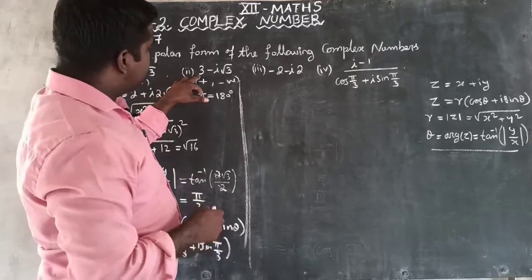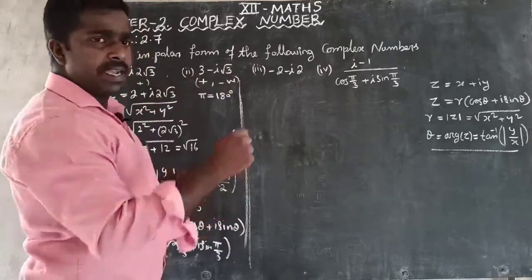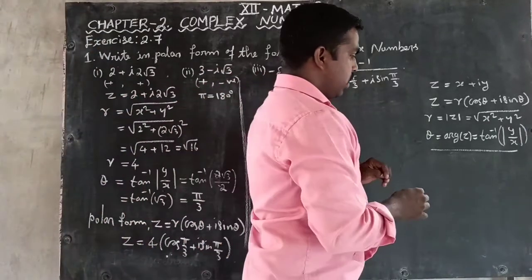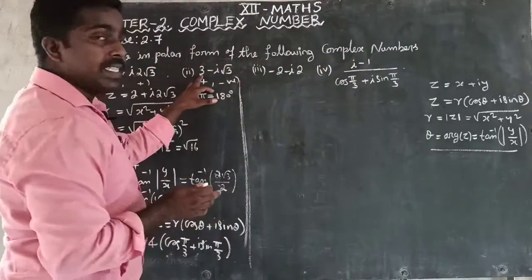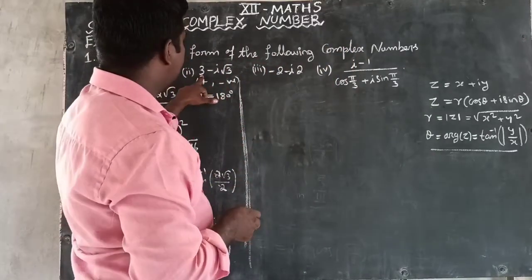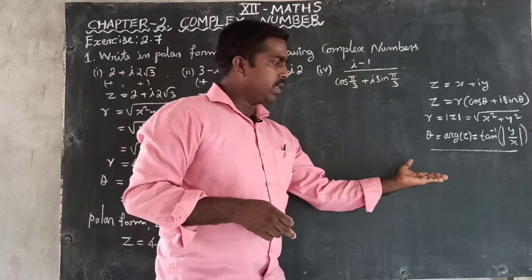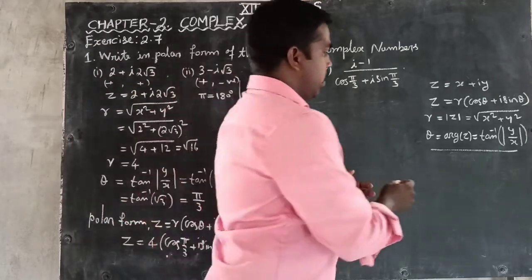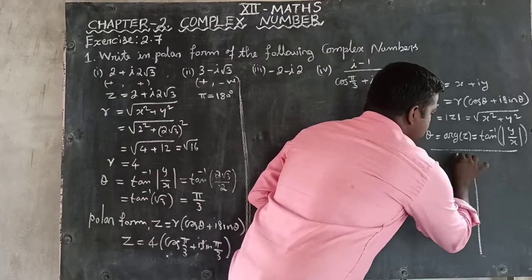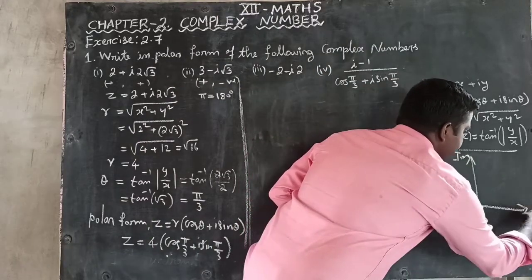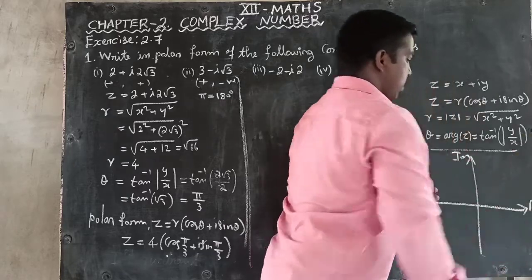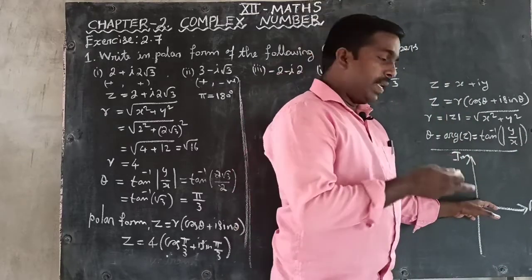Before going to solve the second one, we recall one result. The result is to find the argument theta. The theta may be in the first quadrant, second quadrant, third and fourth. Suppose in the Argand diagram the angle may be in the first quadrant.